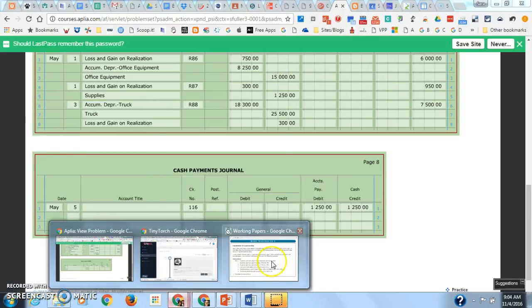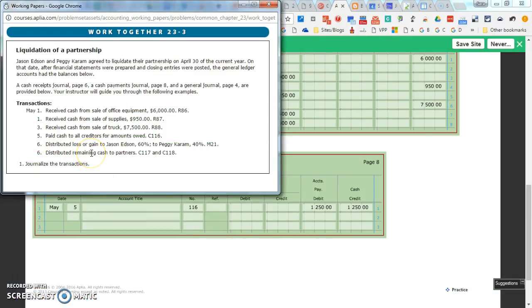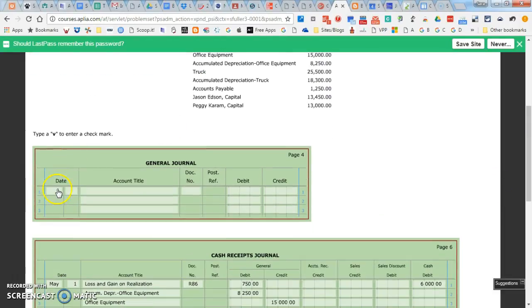Okay, the next transaction, distributed loss or gain to Jason Edson 60%, Peggy Karam 40%, M21. So that is going to go in our general journal. So our date is May 6th. Jason.